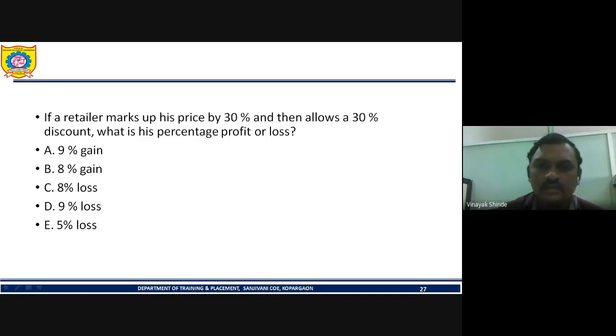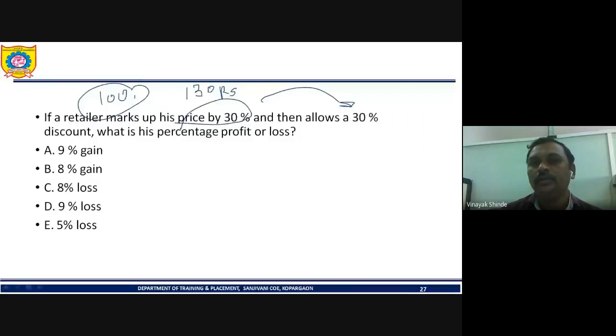So let us say the price of the article is 100. If you don't know the shortcut, then what you will do? Price up by 30%, so the price becomes 130. Actual price is 100. Then the discount is 30% on 130.